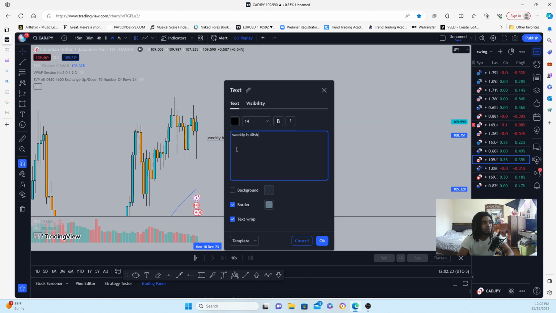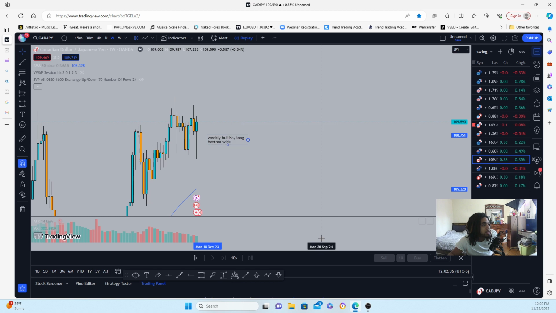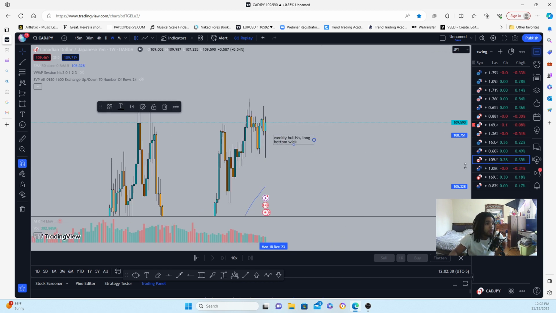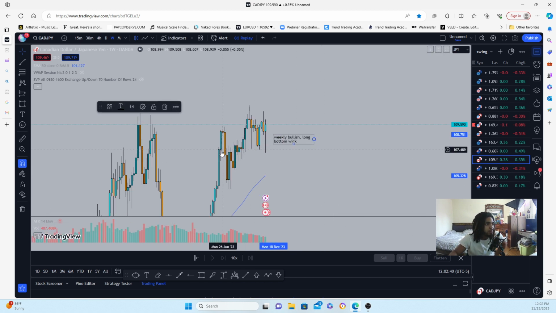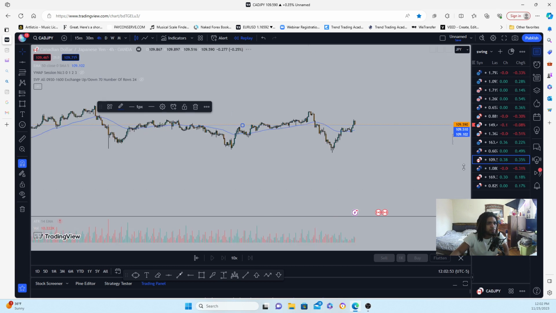I cannot type. Weekly bullish. Let's go long bottom wick, just so I know that we're at a resistance, and there's some selling pressure going on right there. Boom. Touches everywhere.